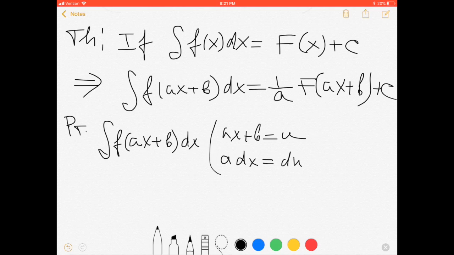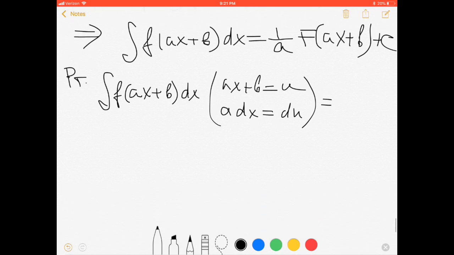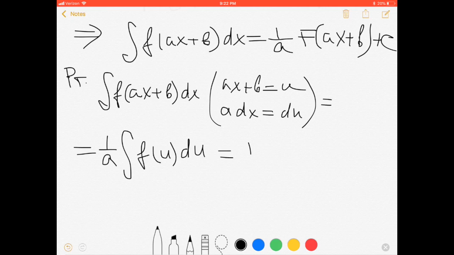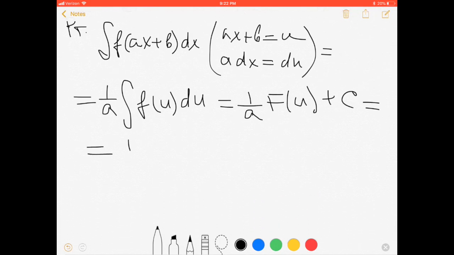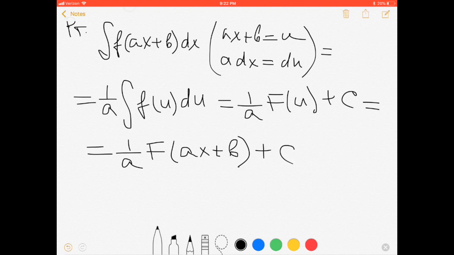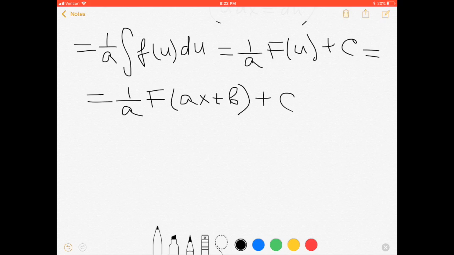This means your integral will be 1 over a integral of f(u) du. That gives you 1 over a big F(u) plus c, and go back to your old variable. It will be 1 over a F(ax plus b) plus c.